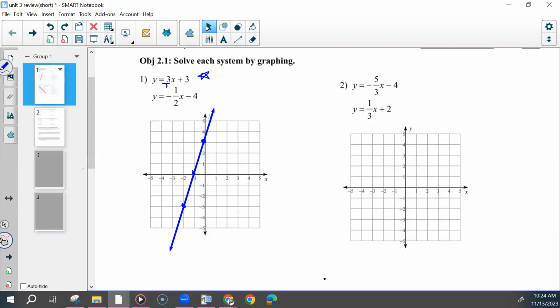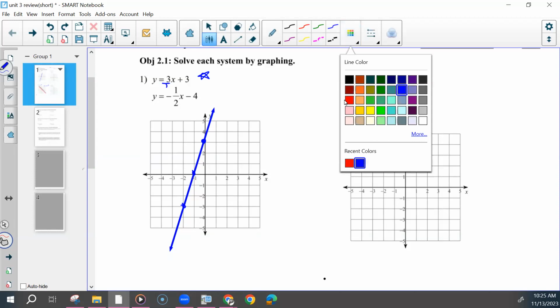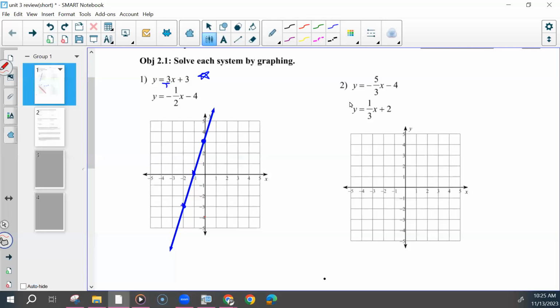And then do the next one. What's your y-intercept of the second one? -4. So put a point at -4 on the y-axis. Slope is negative, so we can go up 1, left 2, as many times as possible, or down 1, right 2.